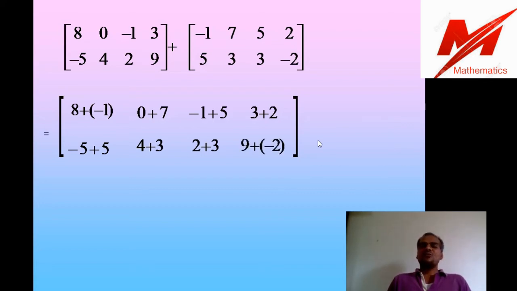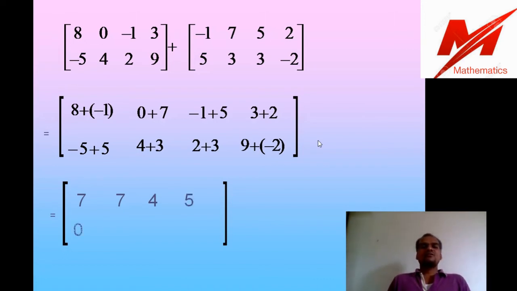So in addition of matrices we have to add corresponding elements. If we are doing subtraction, we have to subtract corresponding elements. Now next we do the addition here. 8 plus minus 1 gives 7, 0 plus 7 gives 7, minus 1 plus 5 gives 4, 3 plus 2 gives 5.